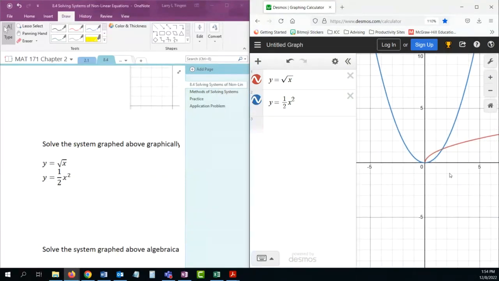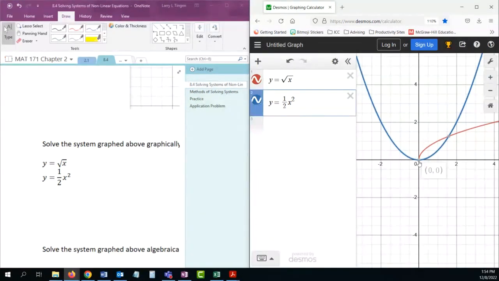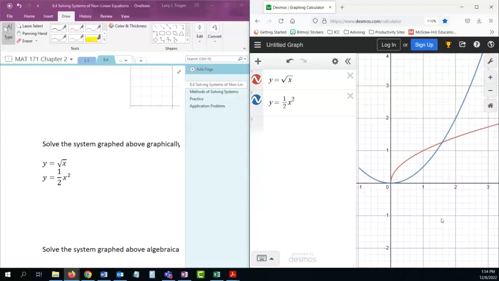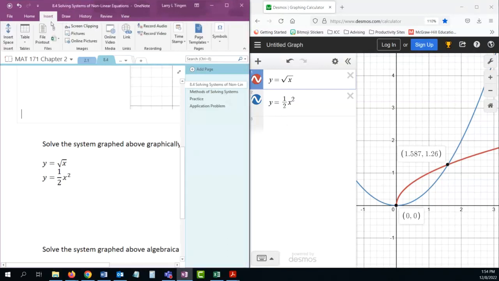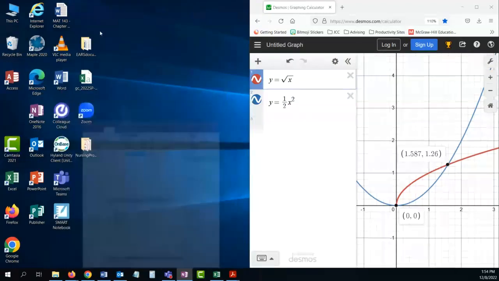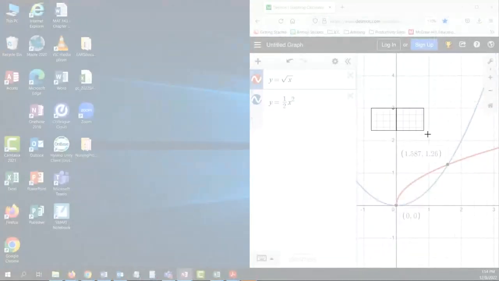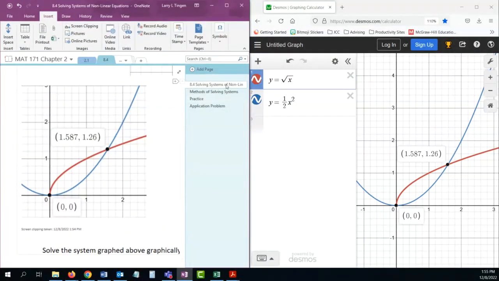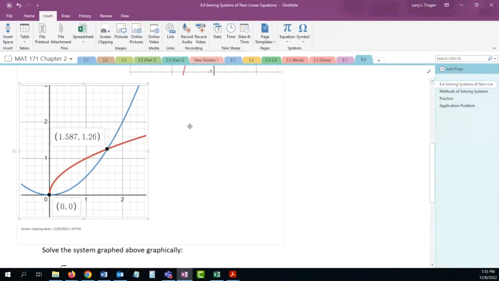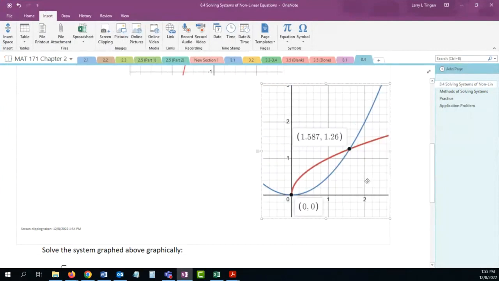In Desmos or in the calculator, you can find the intersections. Desmos is a bit easier because if they intersect, you can find it and then highlight it. So I found it. So what do I do? I take a picture and then I put it in the graph. So that's how to solve that system graphically.